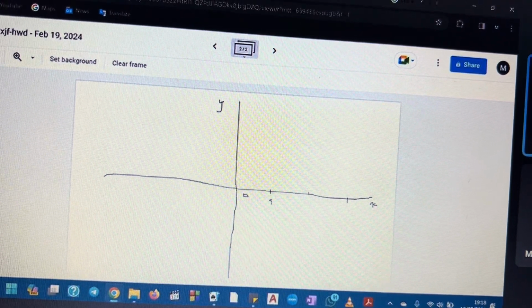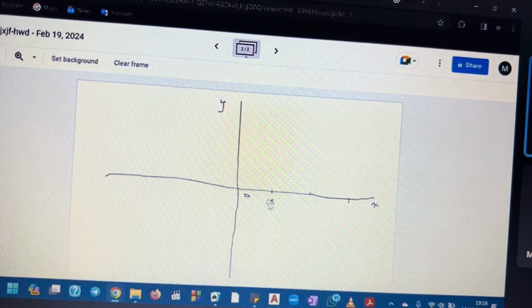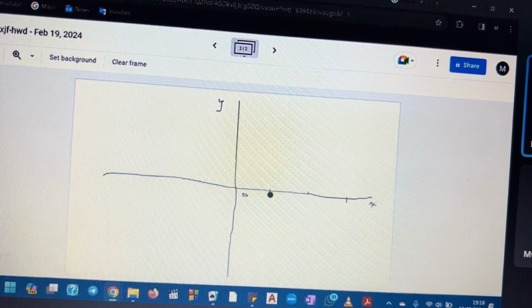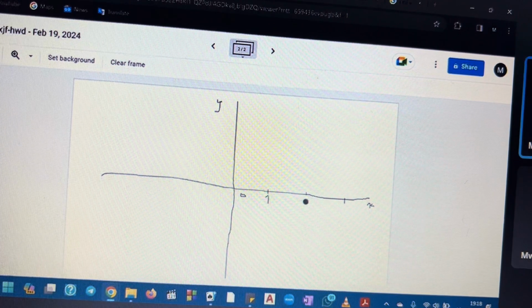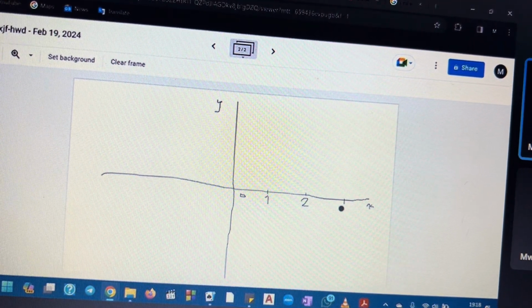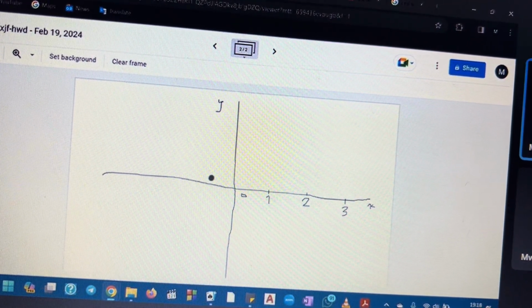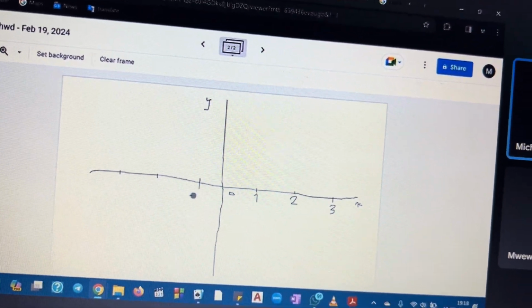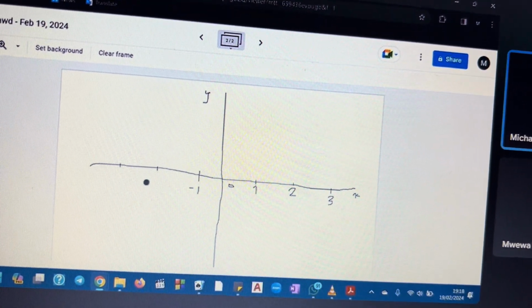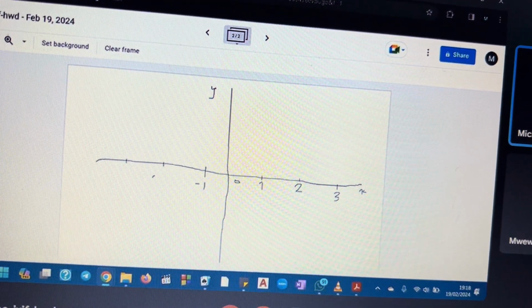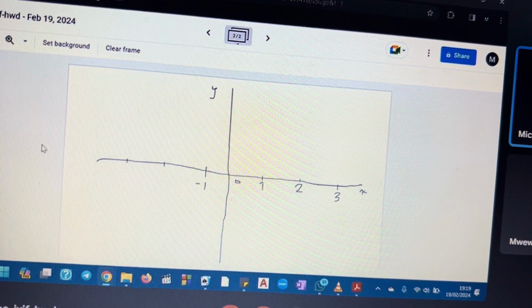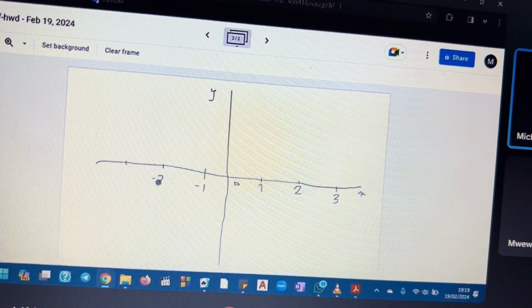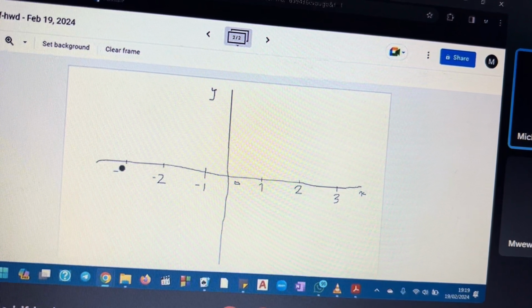My 1 looks like a 9. One, 2, and 3. Let me put 3 on the negative also. Negative 1. Negative 2. And negative 3.